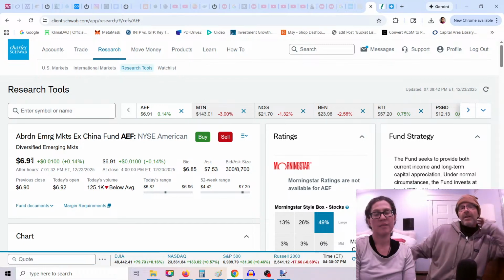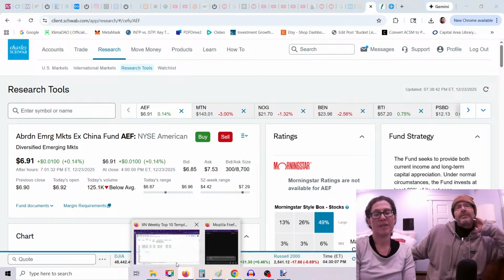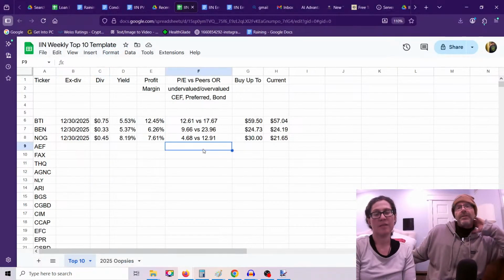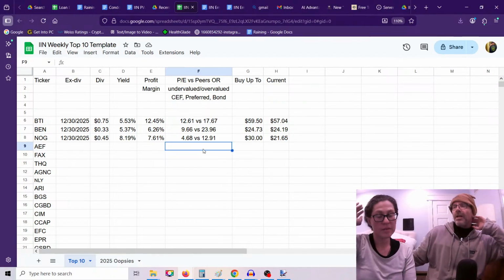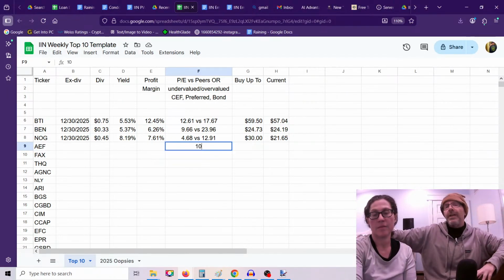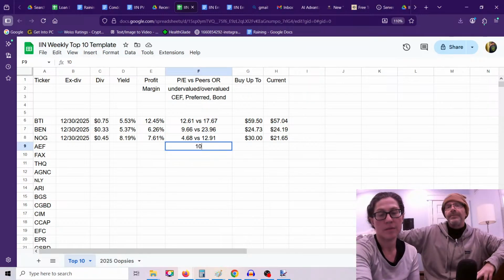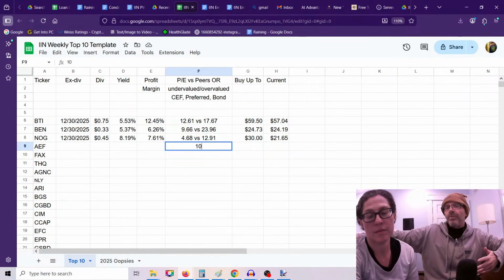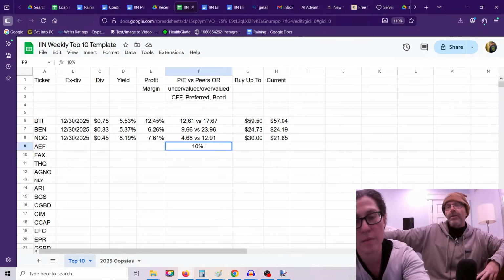So that's what that discount to NAV means. So why are you going with 10? Because I don't believe the -11 in that case, but I know it's 10% undervalued compared to its NAV. Otherwise, it would be 20% undervalued, or like 21.